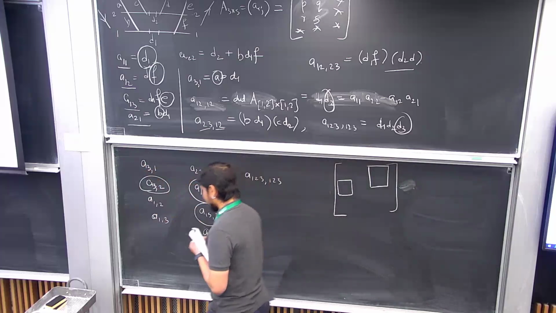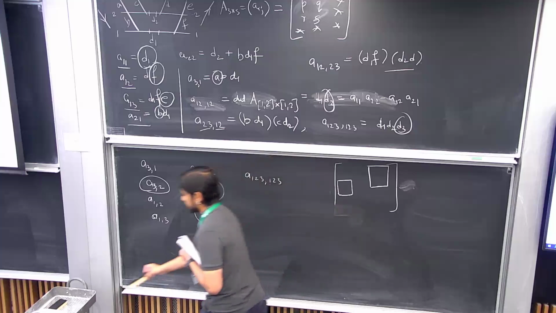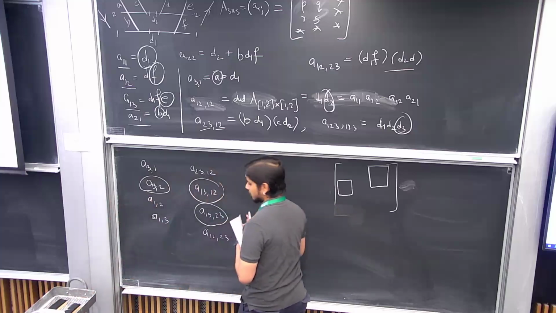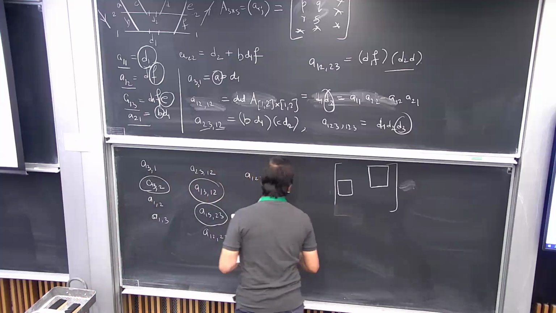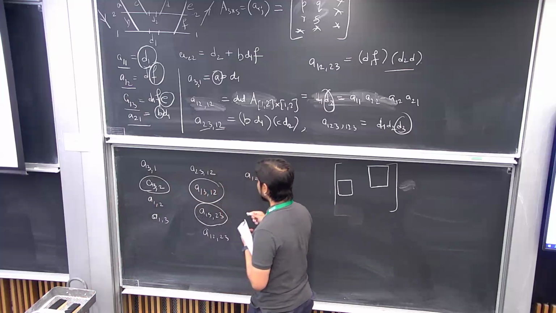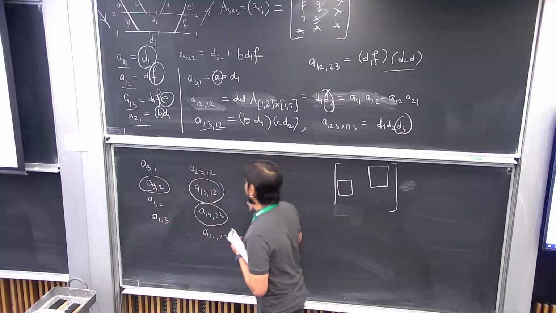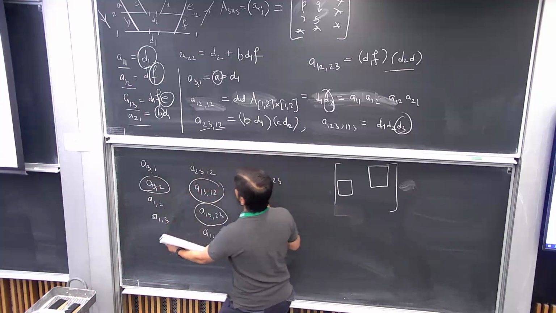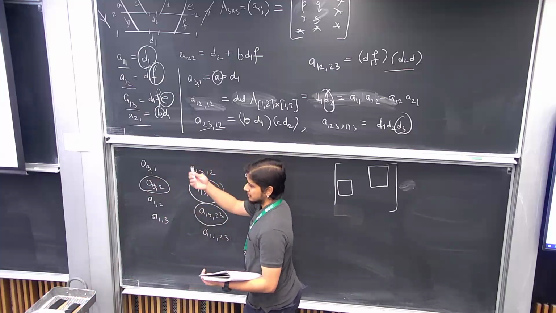And this was the observation of Fomin and Zelevinsky, among many other things. They were also able to establish a very nice connection between these types of n square minors, the positivity of which implies total positivity.